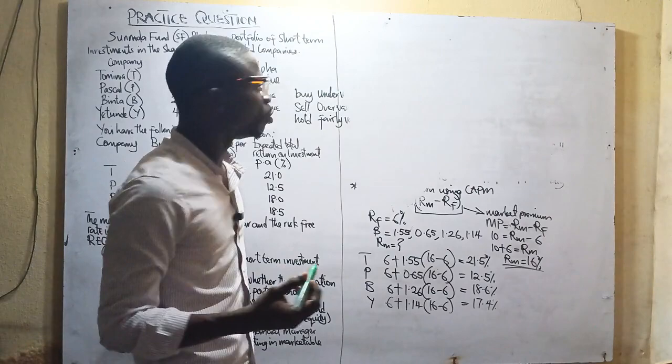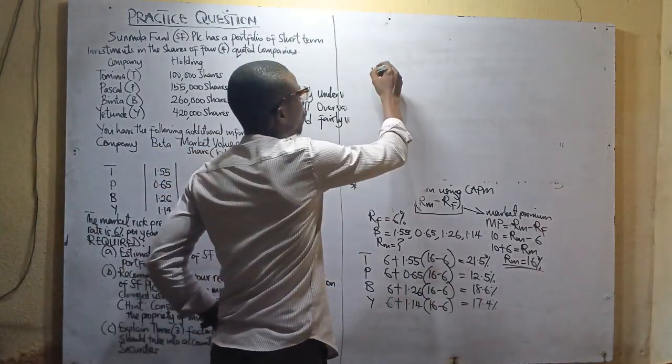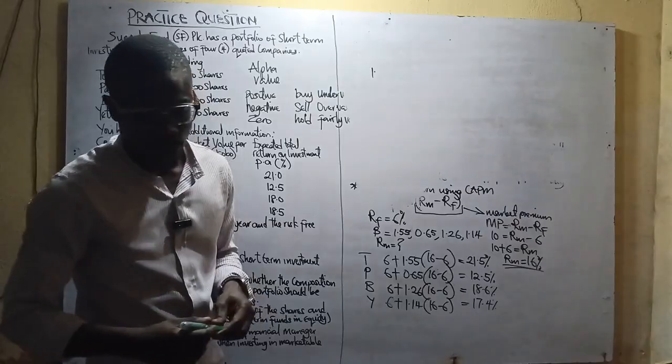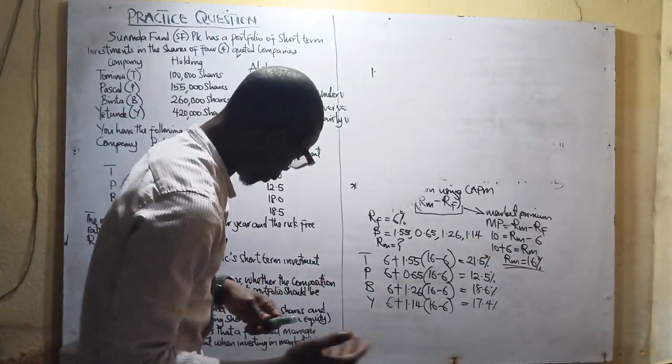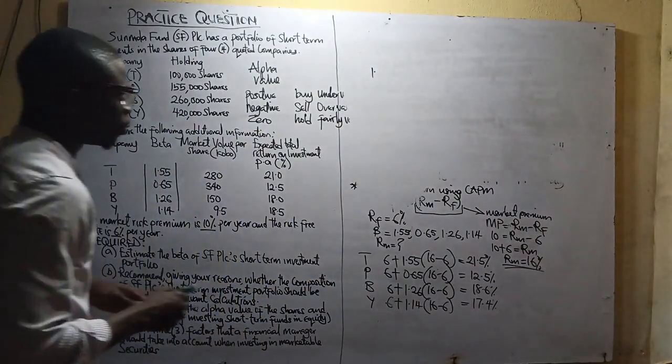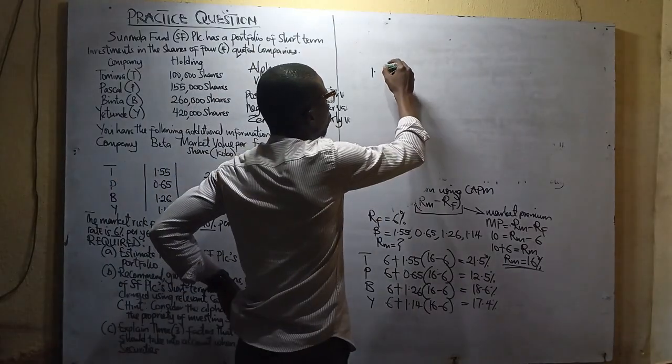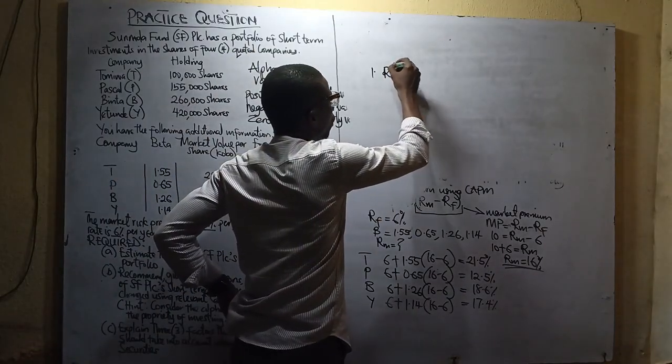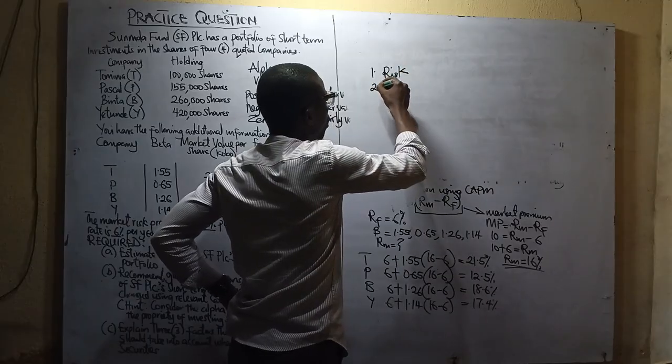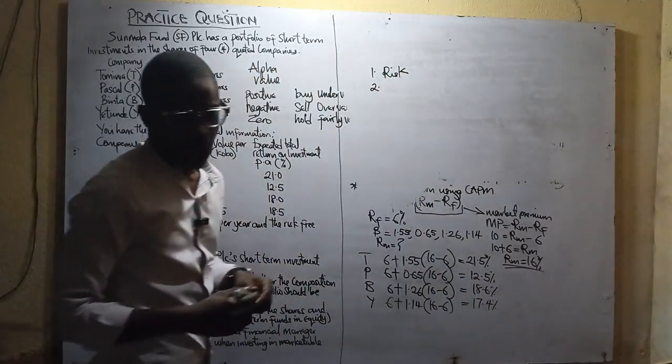So the number one thing they should consider is the risks. They will consider the price.